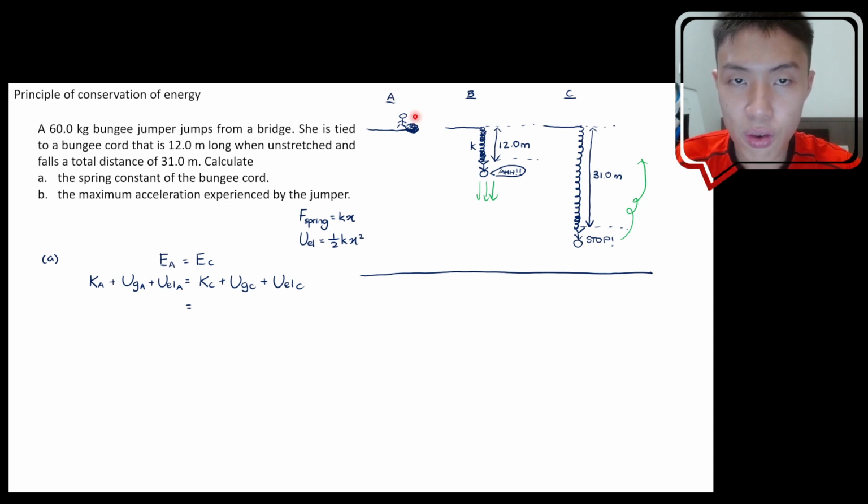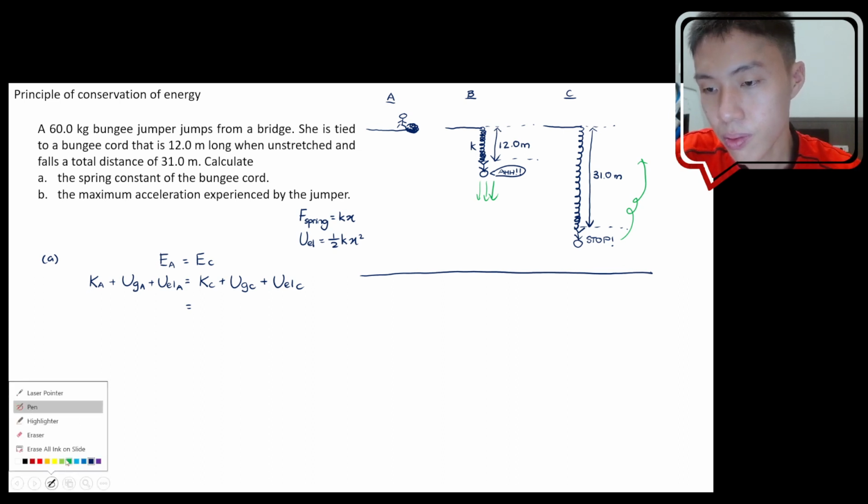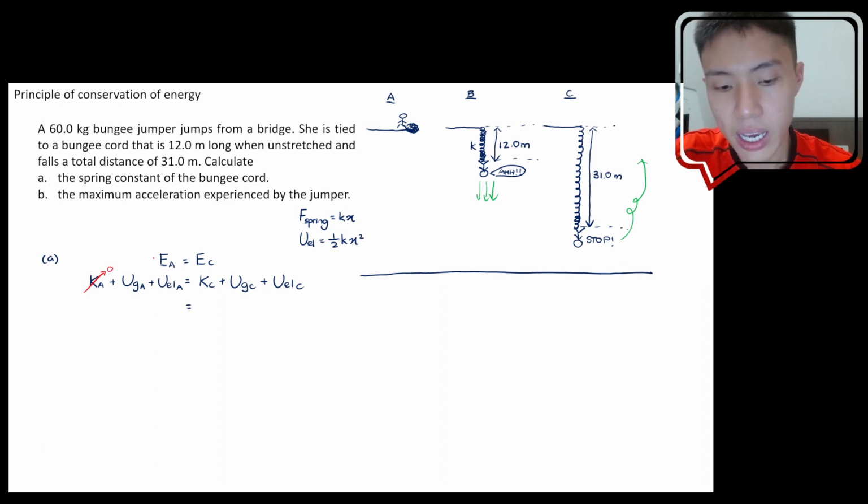At position A, you are not moving, you haven't jumped yet, so your kinetic energy should be equal to 0. At the same time, if you set this platform, or the bridge, as the reference height, or h equal to 0, then essentially at position A, you are standing at the reference height.